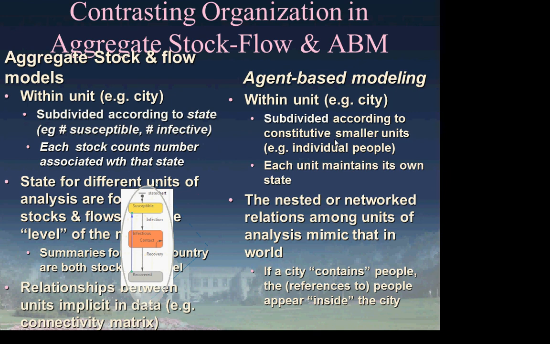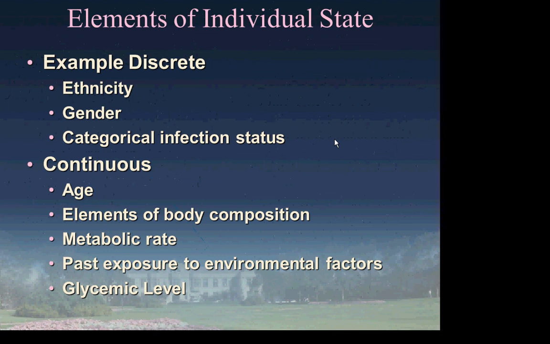And here, the nested or networked relationship among these units of analysis mirror those in the world. So if we have nesting, in the real world with people being located in neighborhoods, within our model, the references to those people will be located in the neighborhood class, an instance of the neighborhood class. So we have that nesting mirrored within the structure of our model.